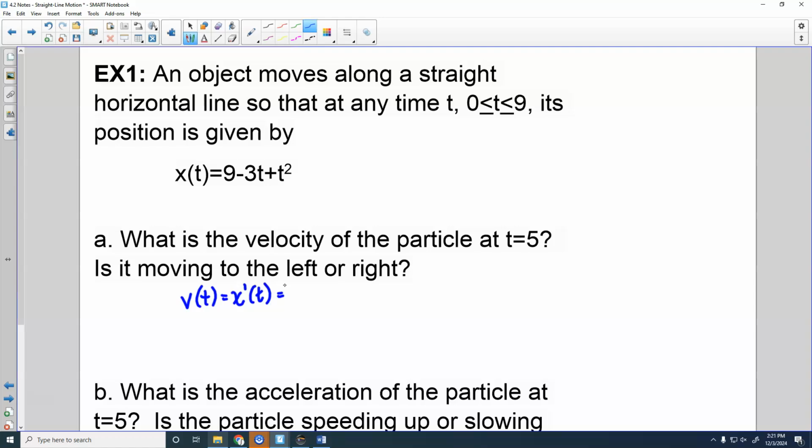They at least know what you were trying to do and can grade with you as you go. So if I take this derivative, I'm just going to get negative 3 plus 2t. And they want at 5, so v of 5 equals negative 3 plus 2 times 5, which is negative 3 plus 10, so I will get 7.